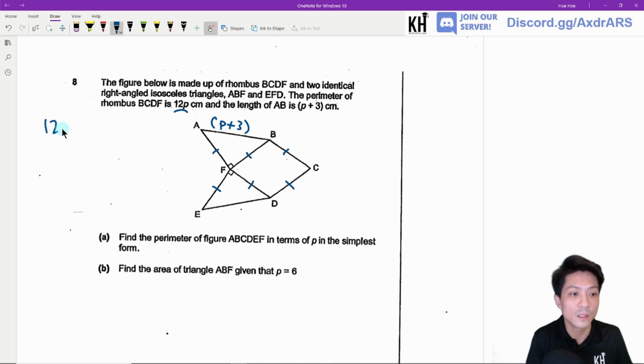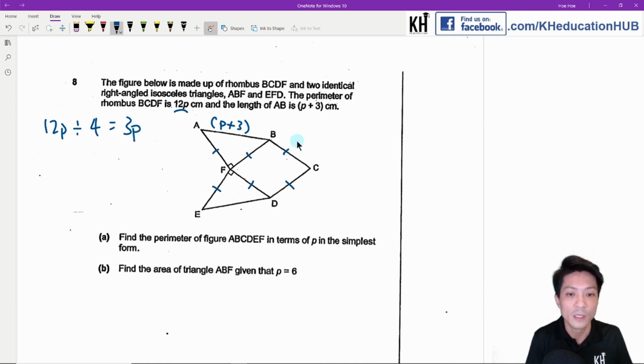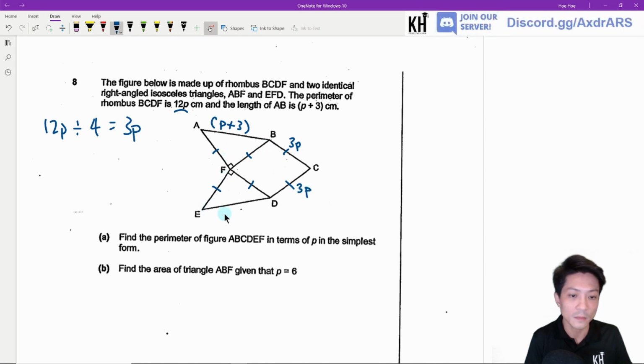The first thing we need to work out is 12p divided by 4, which will give you 3p, which means each side of the rhombus is 3p. We know that this is also 3p plus 3, and EF is also 3p. AF is also 3p.